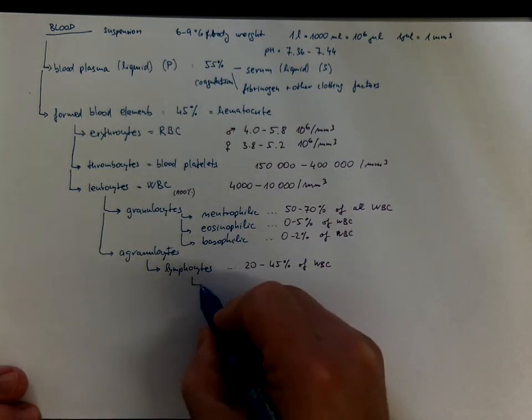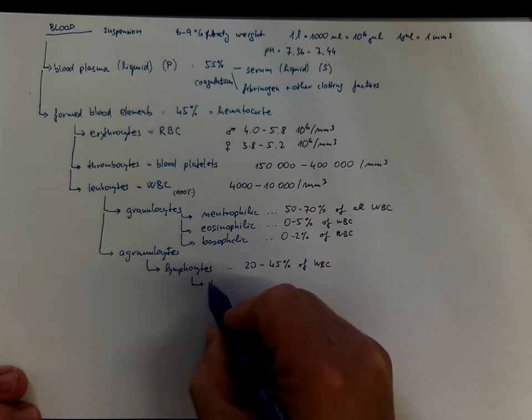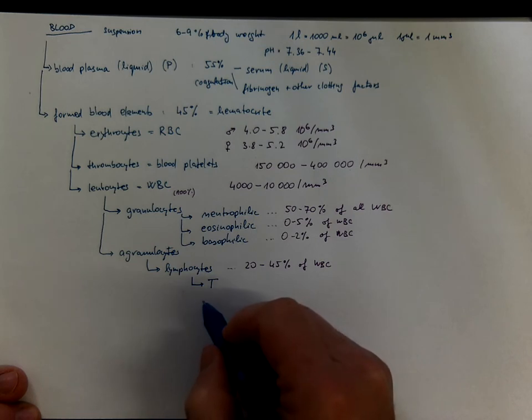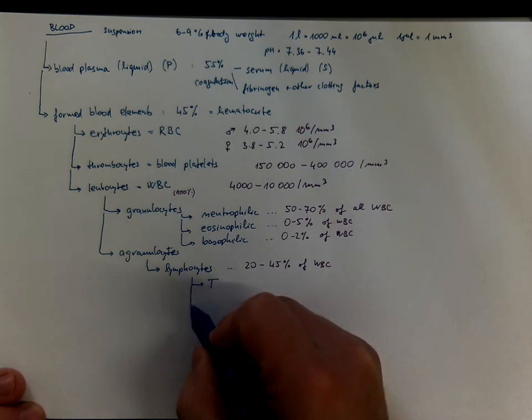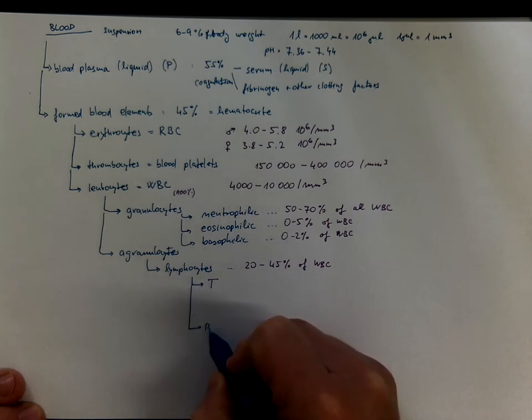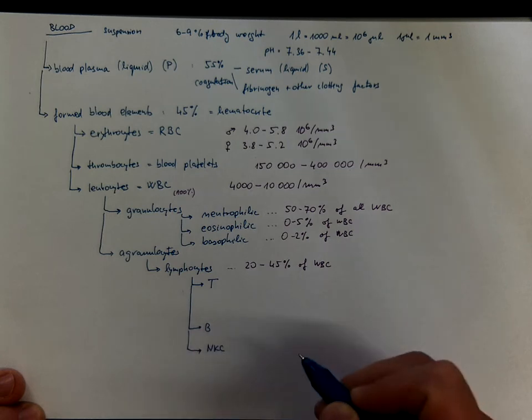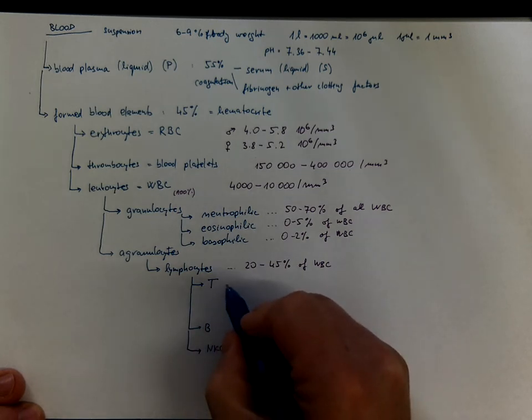And the most common classification is into T lymphocytes, B lymphocytes, and natural killer cells.